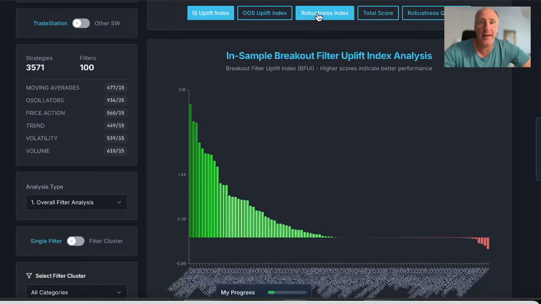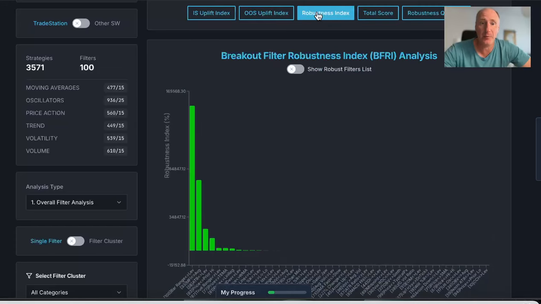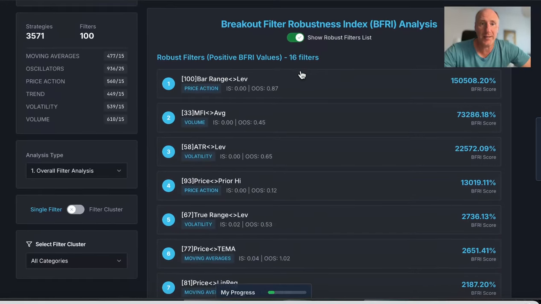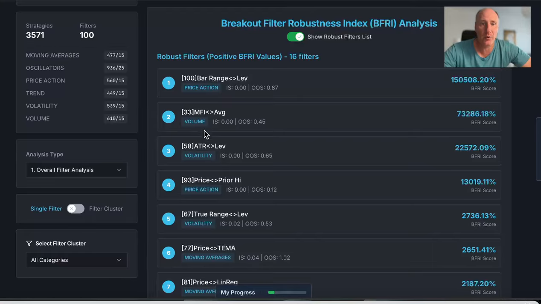First of all, we want to choose those which are really robust. So in sample, out of sample comparison is one of the most important things. And if we go here and shift to the list, what we see: price action, volume, volatility, price action, volatility. Again, I'll explain these indicators.